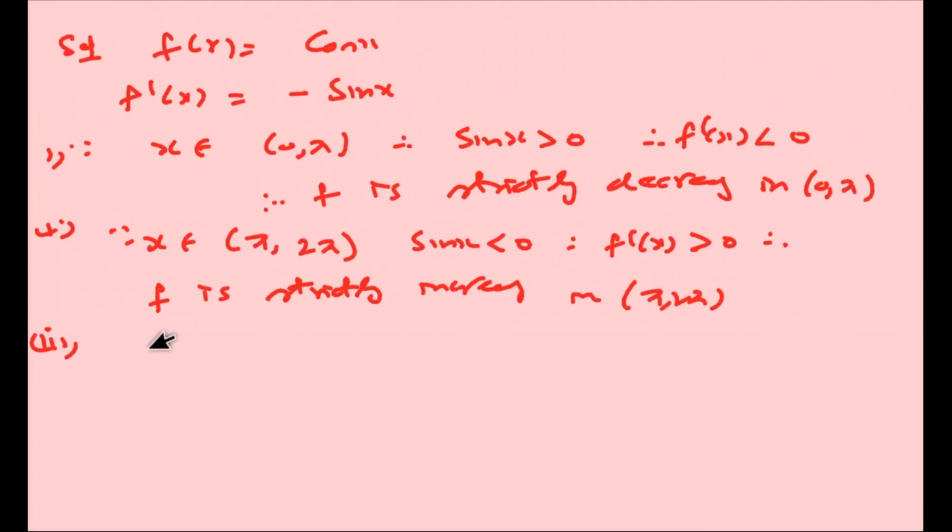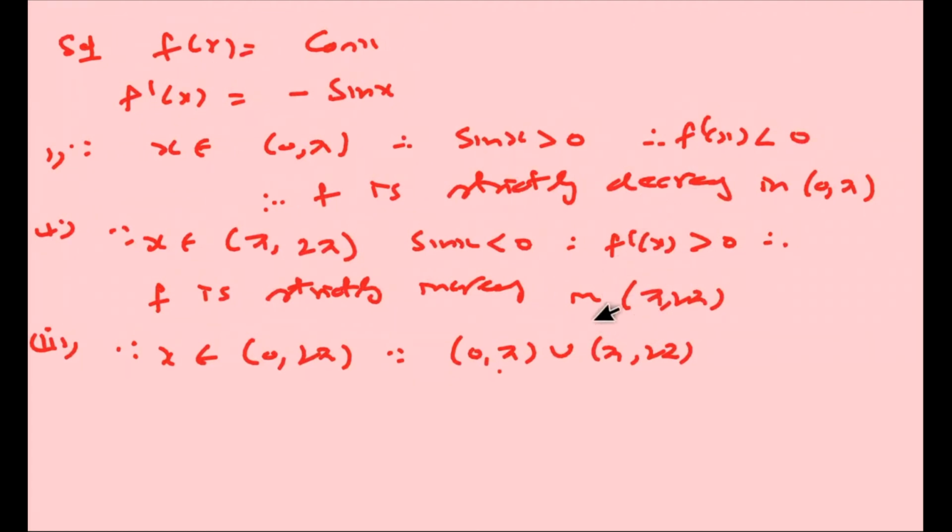And we can take one more interval, that is from 0 to 2 pi. Since x belongs to 0 to 2 pi, this is 0 to pi union pi to 2 pi, and from this we can say it is decreasing and then increasing.